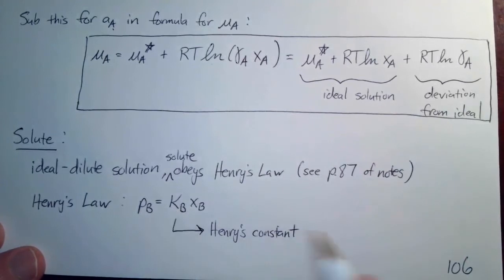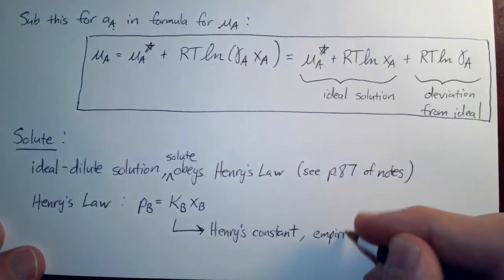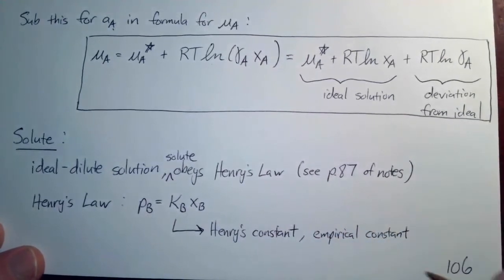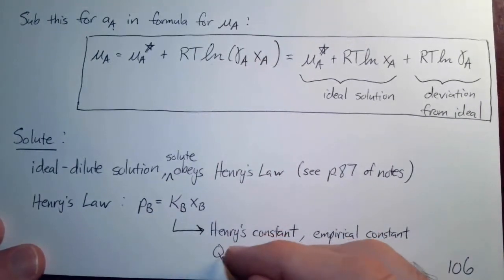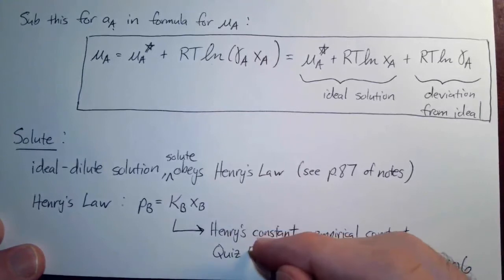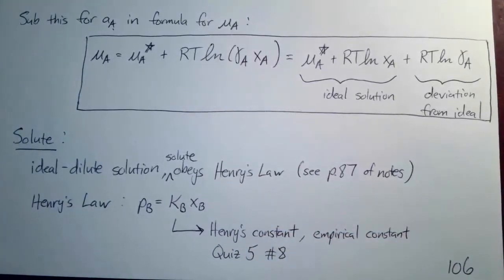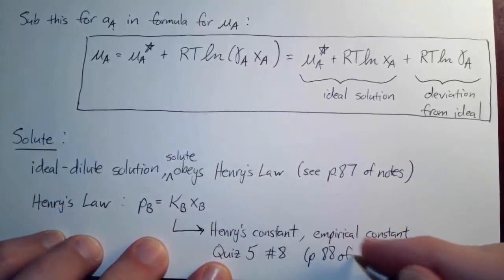So this K, this Henry's constant, is an empirical constant. And in fact, you calculated the Henry's constant on your last quiz. So that was quiz 5, question 8. You calculated Henry's constant. And it's also on page 88 of my lecture notes.